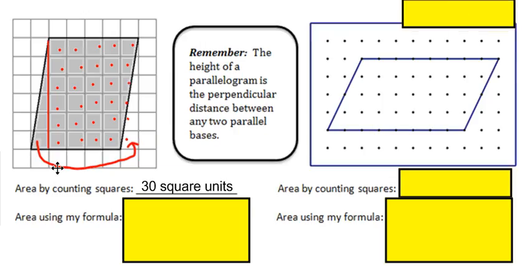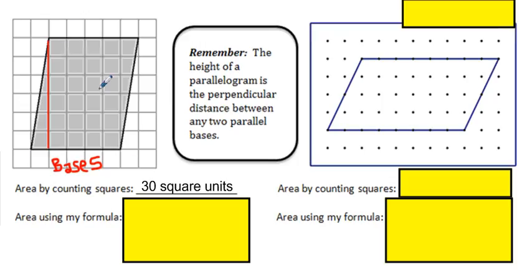Now, using the formula, I'm going to take a look. My base, I'm going to look at down here, 1, 2, 3, 4, 5. So I'm going to think of the base as 5. And now the height is going to be the distance.